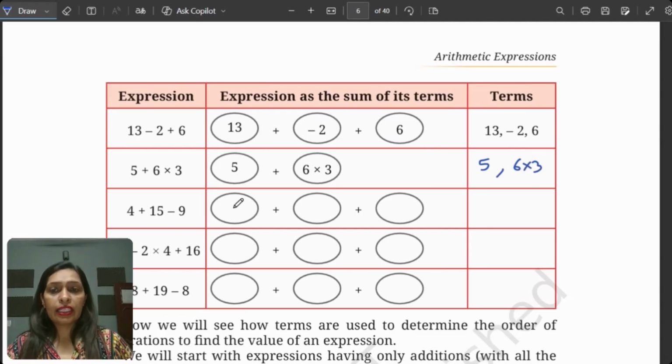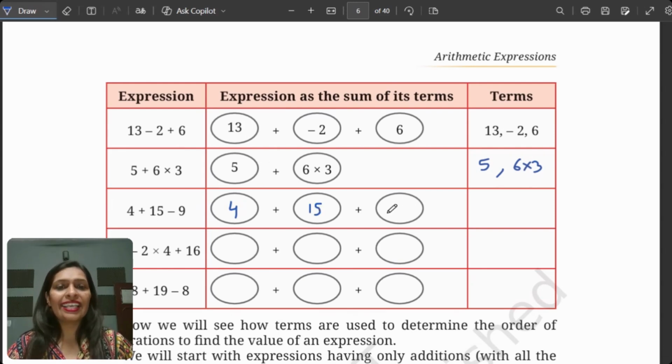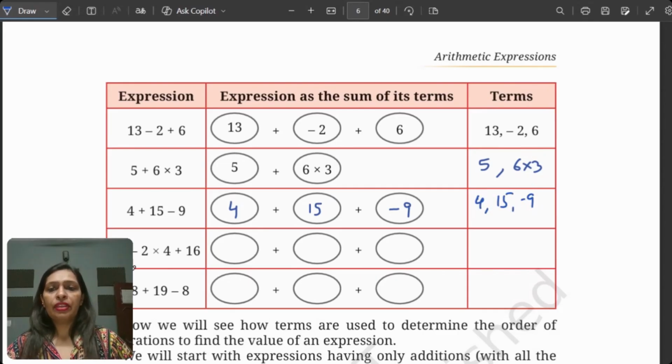Okay, so in the third one, 4 plus 15 minus 9. So what will be the terms? It is going to be 4, 15 and minus 9 or plus 9? Yes, it is going to be minus 9. And we just have to write the terms separated with commas. So this is going to be 4, comma 15, comma minus 9.